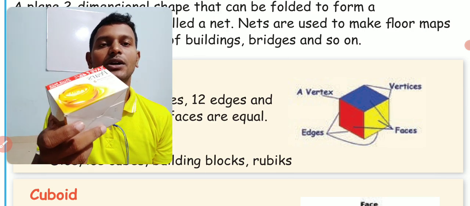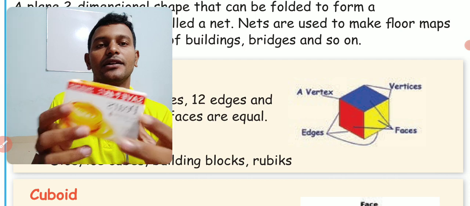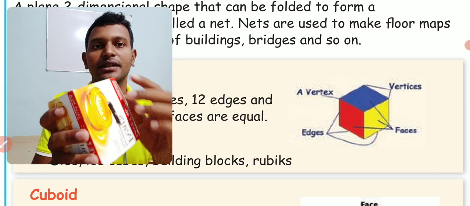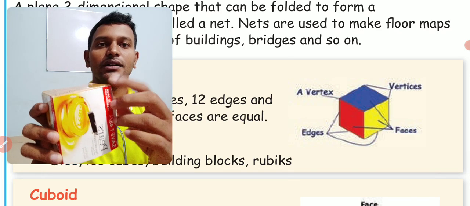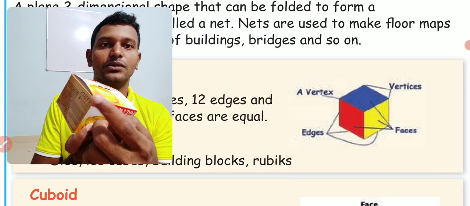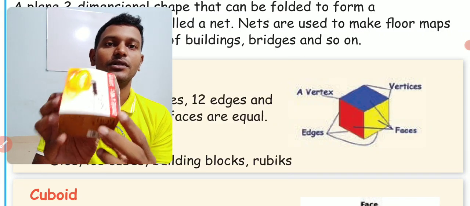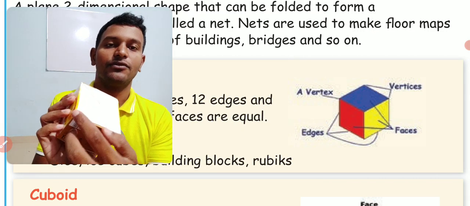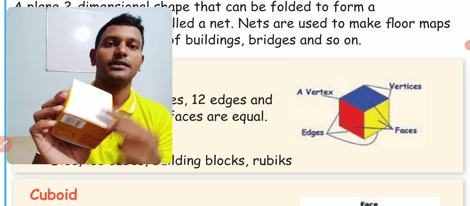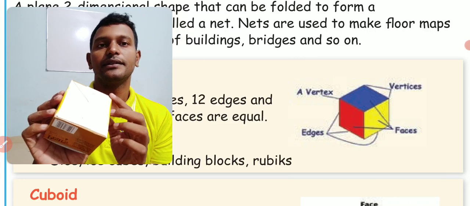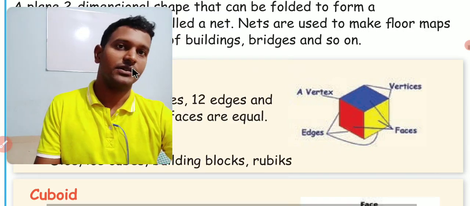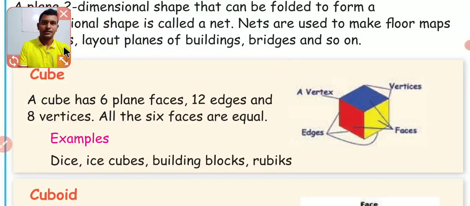Okay, there are 12 edges. And now I am going to find the vertices, the corner points. 1, 2, 3, 4. In the down 5, 6, 7, 8. There are 8 vertices. That's all, students.